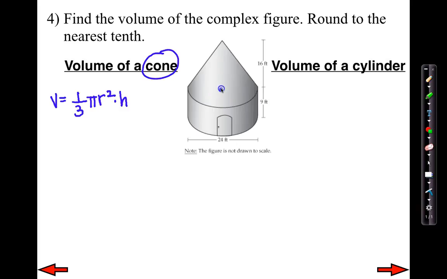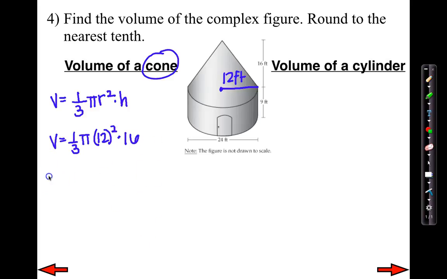So if I know this diameter is 24, I can then make the assumption that the radius must be half of that, which is 12 feet. So let's go ahead and plug that in. We have volume equals 1/3 pi radius, which is 12 squared, times the height. Well, the height is marked here as 16 feet, so let's write 16.